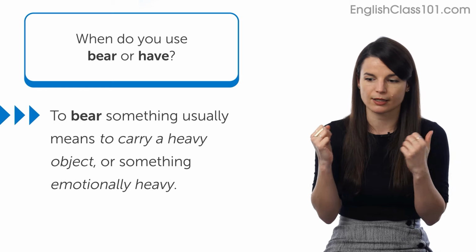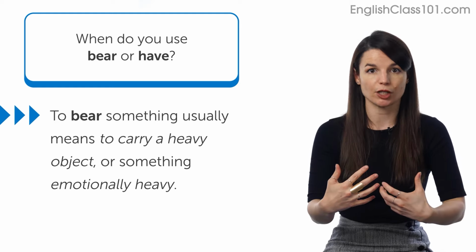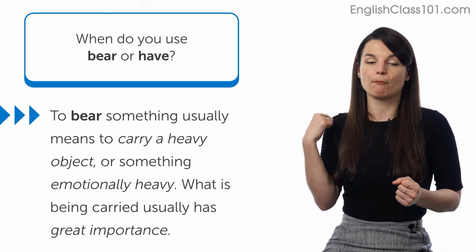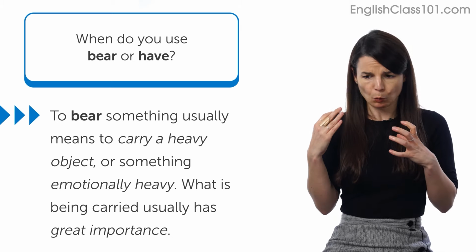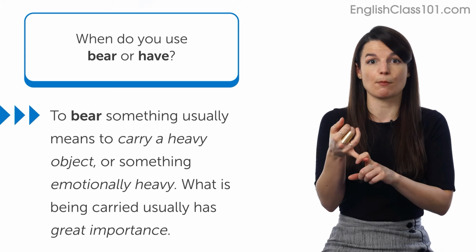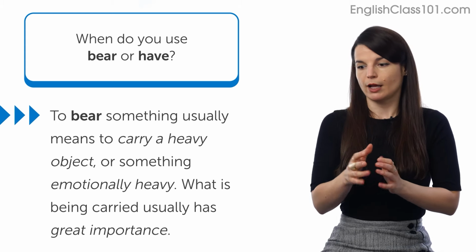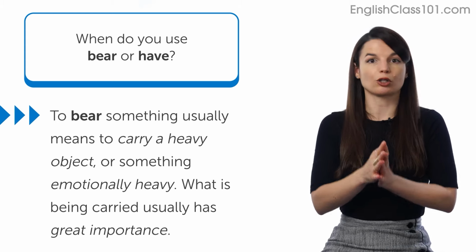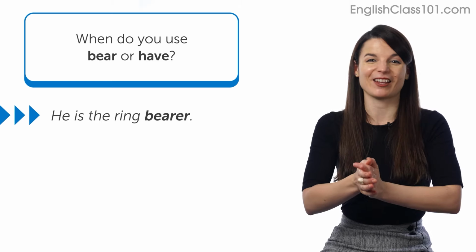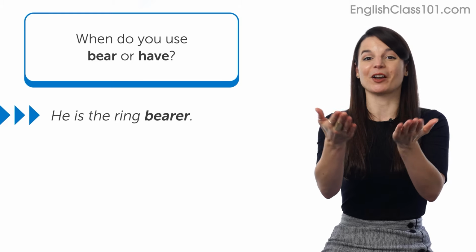Oh gosh, it's something that is really tough to carry in our heart or physically too. So when we bear something, we have something that is very important to us, like a physical object that is very valuable, maybe something that belongs to a king or a queen. The ring bearer is a good example, a really common example in modern weddings.